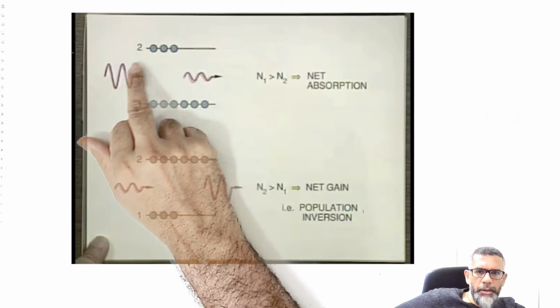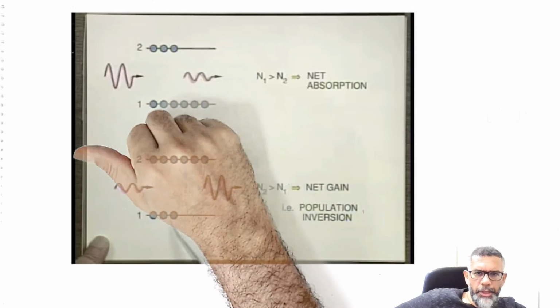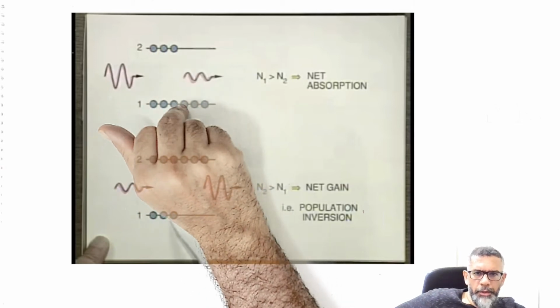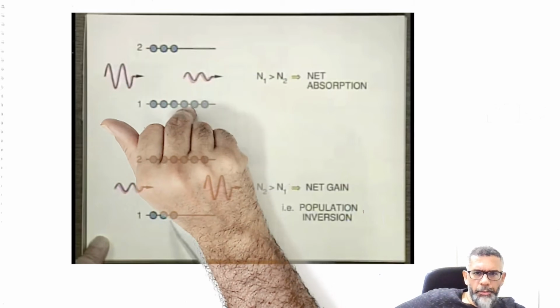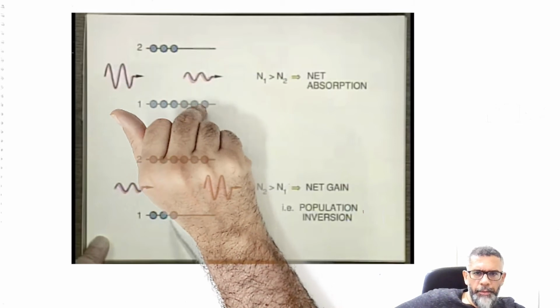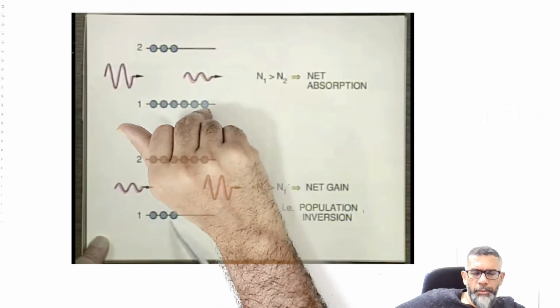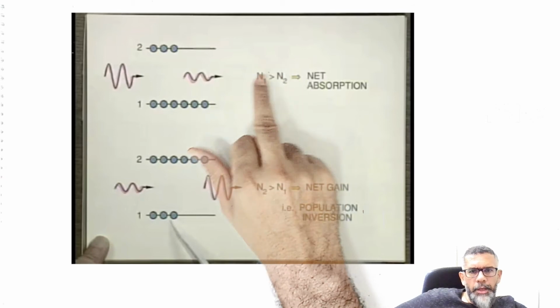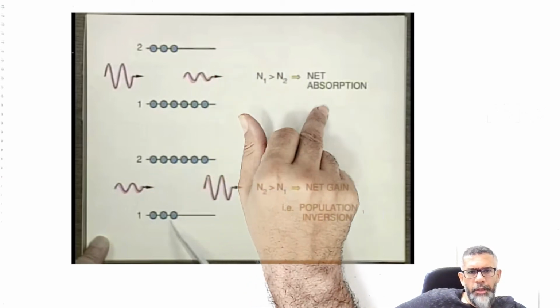But in this situation, the excited atoms are not going to go down; rather, this energy is going to be absorbed by the ground state atoms because there are a higher number of atoms in the ground state. So the net situation here is net absorption.